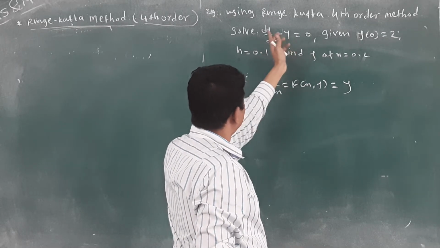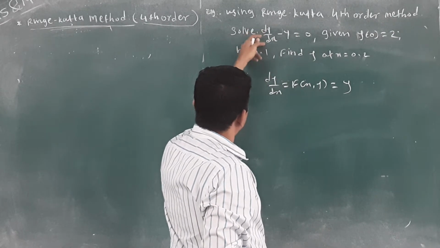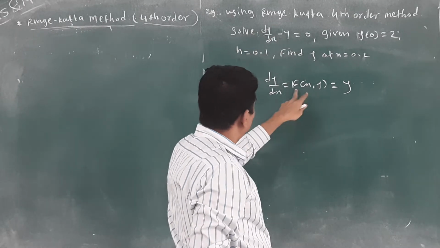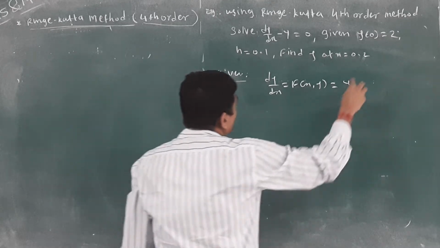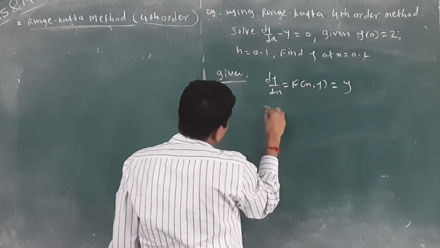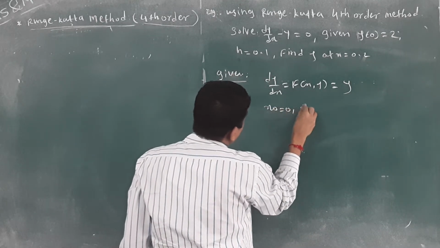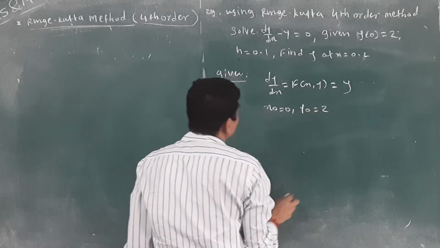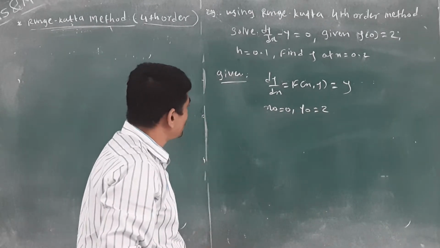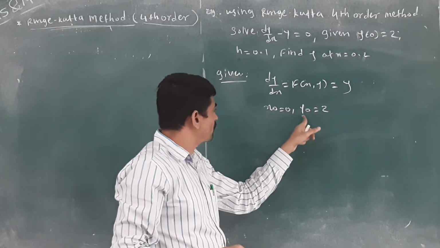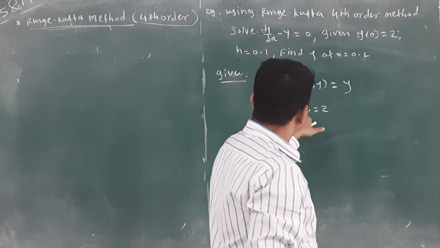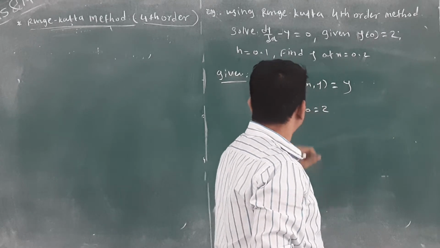I will shift this y to the right side, then you will get dy by dx is equal to y, meaning function of x, y is equal to y. Initial value x is equal to x0 is equal to 0, and the corresponding value of y, y0, is equal to 2.